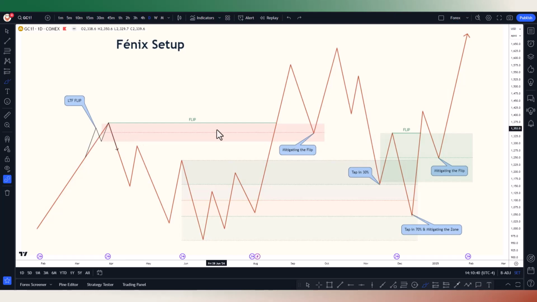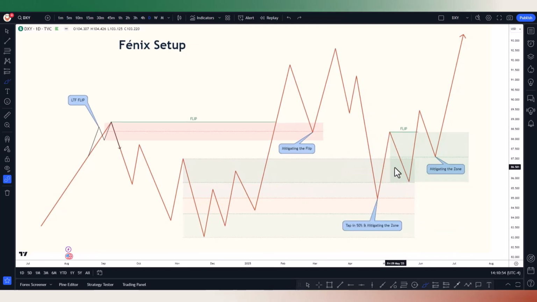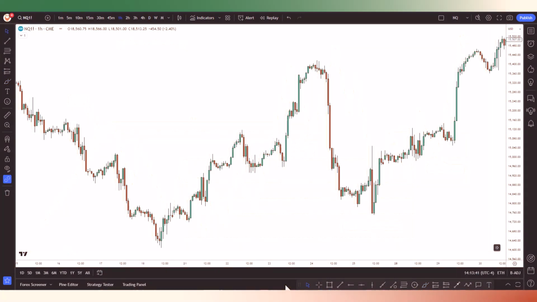So if this isn't clear, you're going to see the same thing happening in the charts. So I want to do this as a long and this as a short, right? So this is the first example that we're going to see.